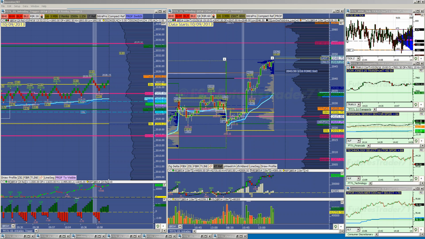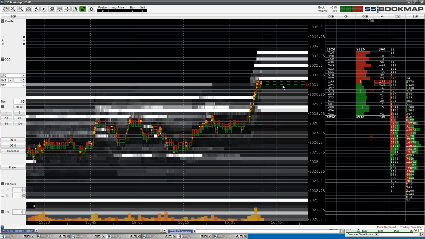Okay. In which platform do you execute your trades? I use the S5 Trader, so I have it open, but in general I'm executing right on here. This basically gives me everything I need to execute.